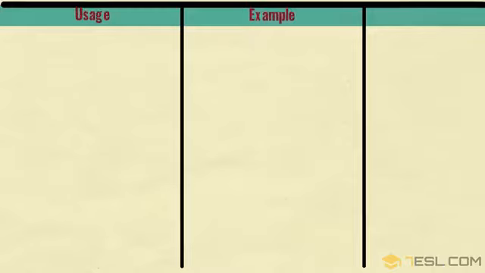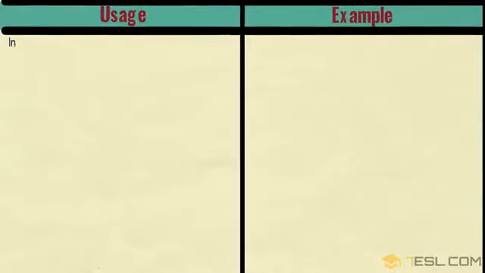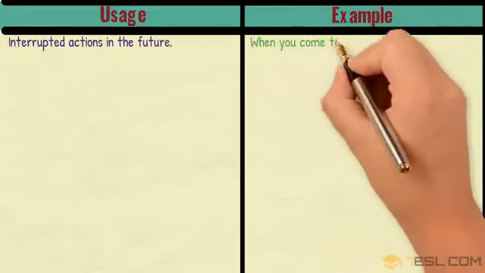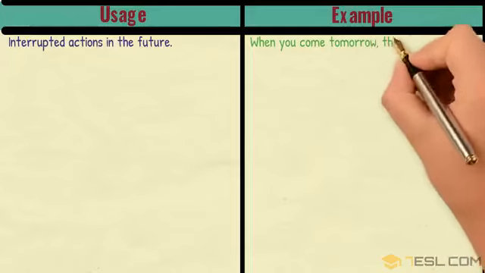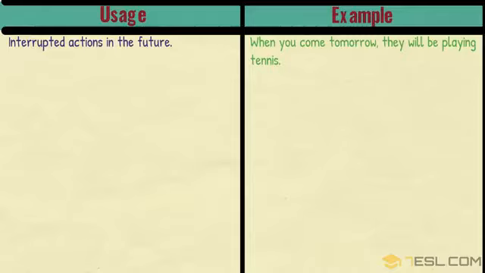Usage. Example. Interrupted actions in the future. When you come tomorrow, they will be playing tennis.